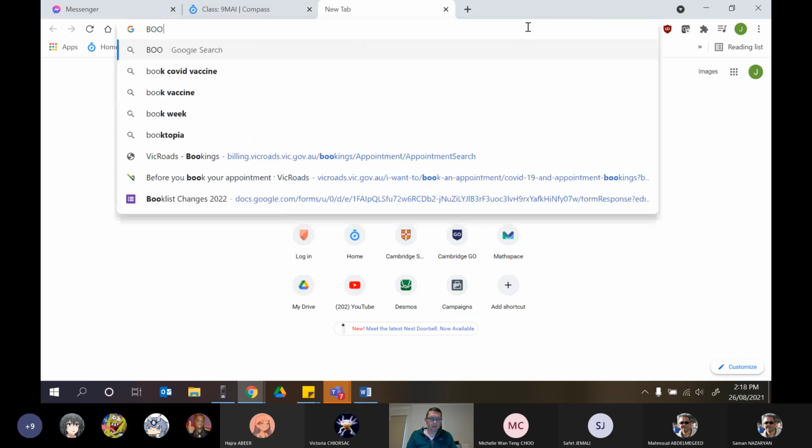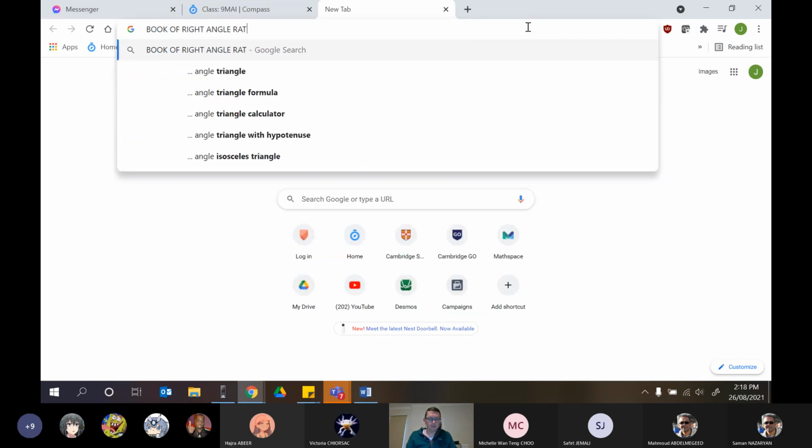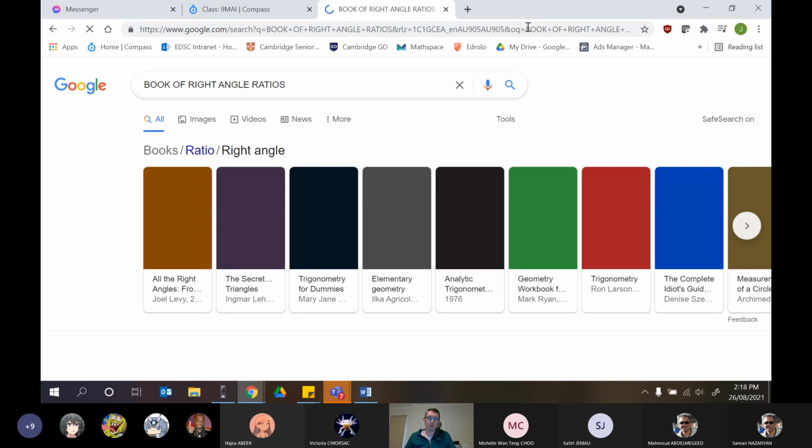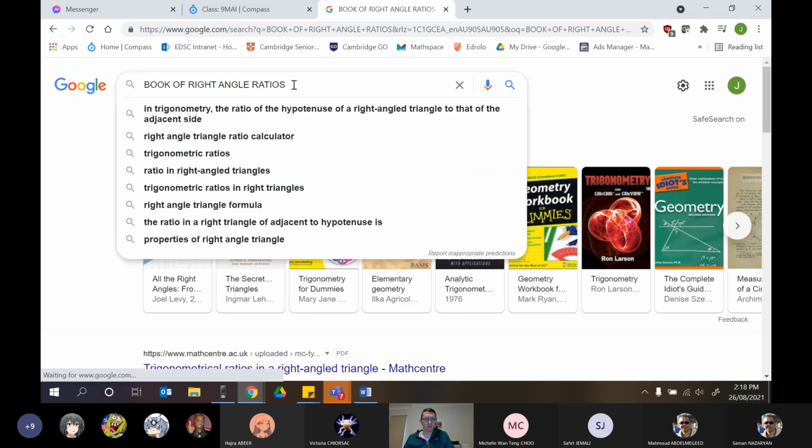they had this book. Book of right angle ratios.